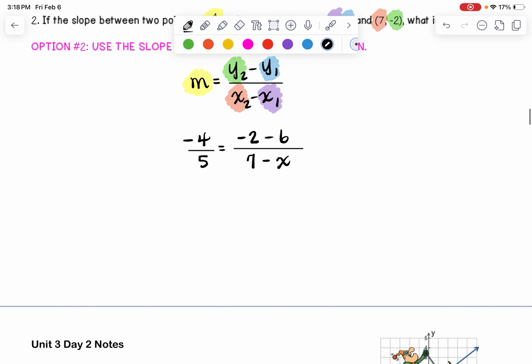All right, now I'm going to simplify this because it's the only part of this equation here that I can actually do anything with. So negative 4 over 5. Let's see, negative 2 minus 6 is going to give me negative 8, and then 7 minus x. Okay.